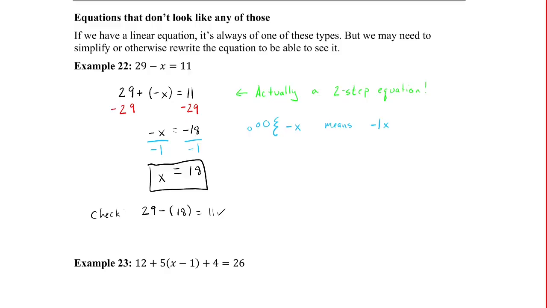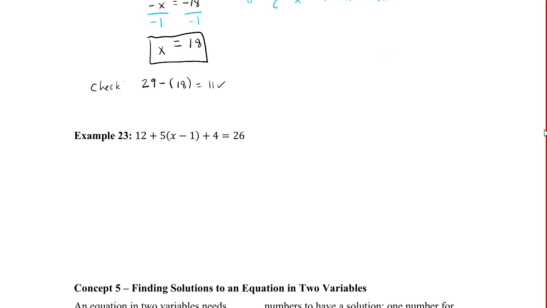Okay. The other reason that we might have something that doesn't look like a one-step equation, a two-step equation, or an equation with one occurrence of the variable on each side, is that we have an expression on one side of the equation or the other that needs to be simplified. That's happening here in example 23. The left-hand side of our equation is this big complicated expression.